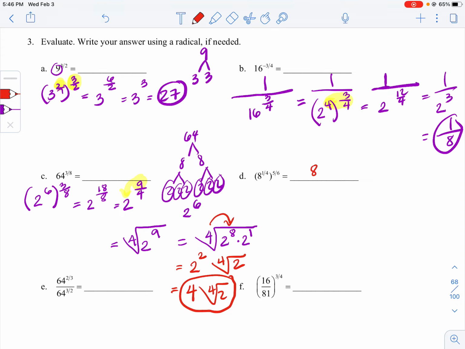So I have 8 to the power of 1/4, all to the power of 5/6. So this is 8 to the power of 5 over 24. Right? Well, can I simplify 5 over 24?